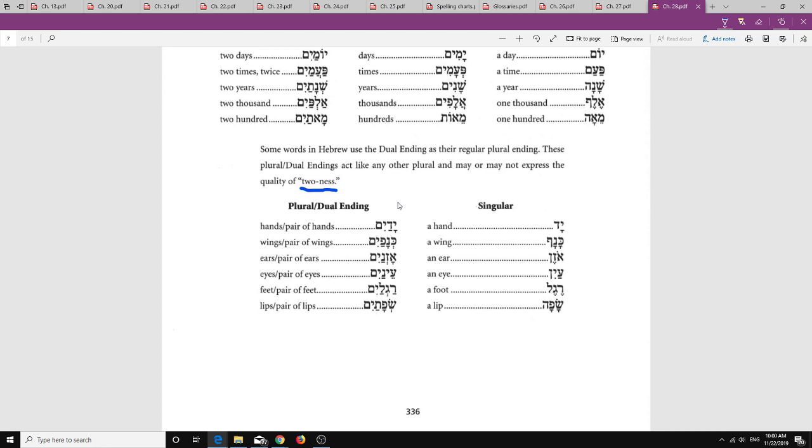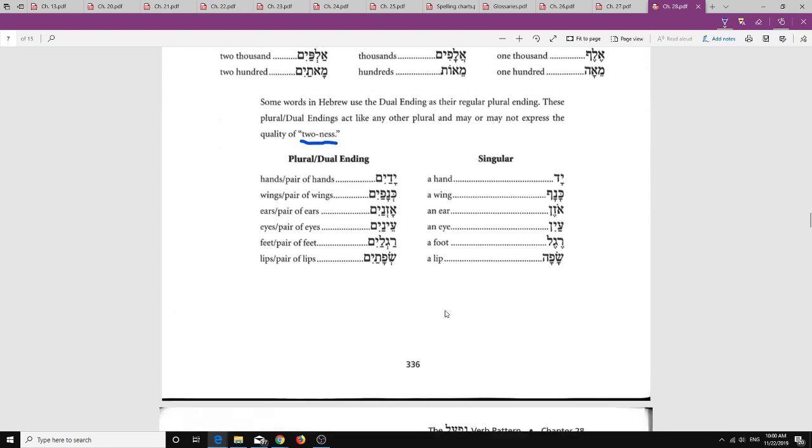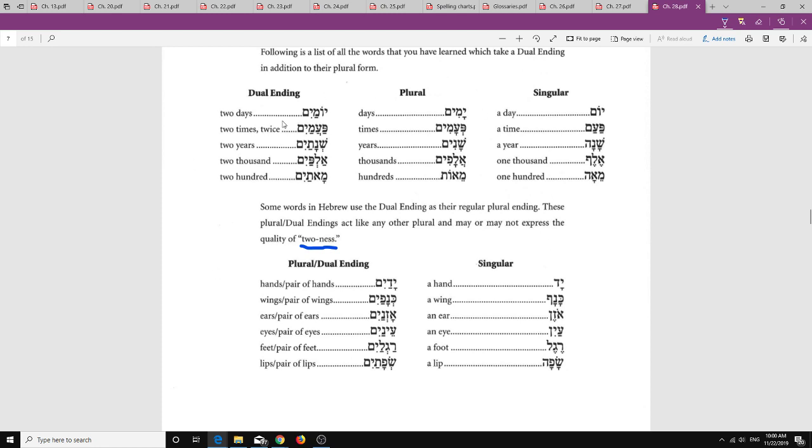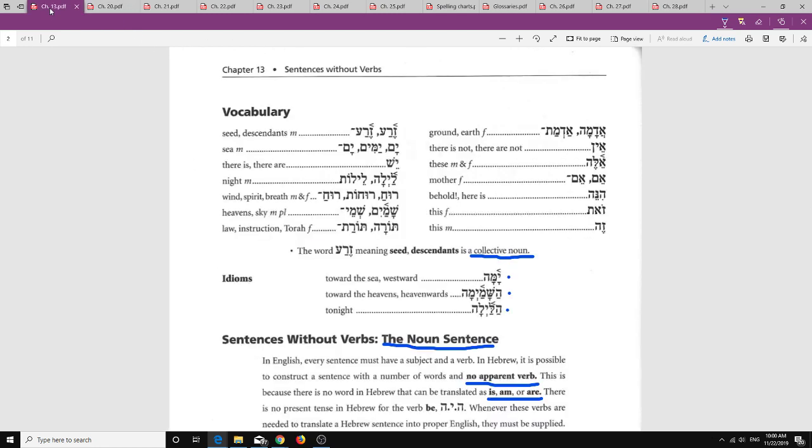So you can make that out. Now, these are not all of the words that appear in the dual, and I think we talked about this back in chapter 13. I could be wrong, but there are other words in the dual that you know already. For instance, shamayim means heaven or sky.